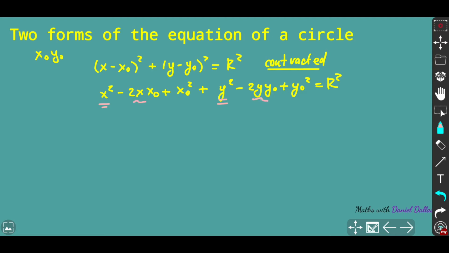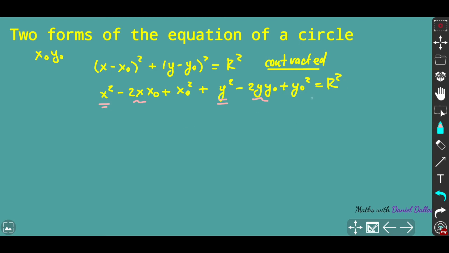Because x0, y0, and r are numbers, you basically have a quadratic polynomial in x and y, with two variables. So this generally is the expanded form.